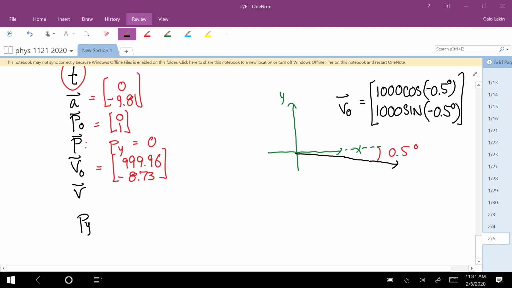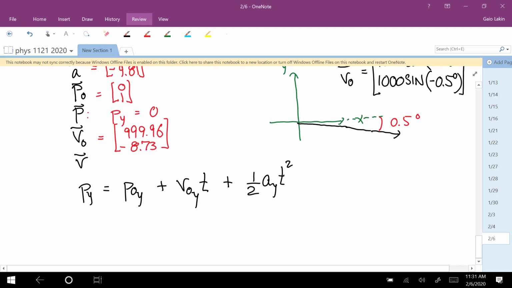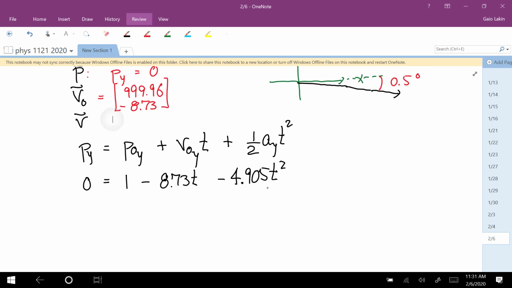And so we're going to use the same equation that we did for the last example. So Py is equal to P0y plus V0y t plus 1/2 ay t squared. So 0 is equal to 1 minus 8.73 t minus 4.905 t squared. And you can do this with the quadratic formula.